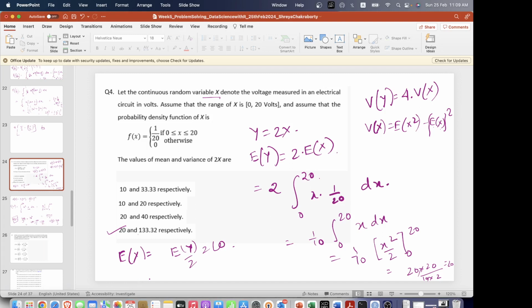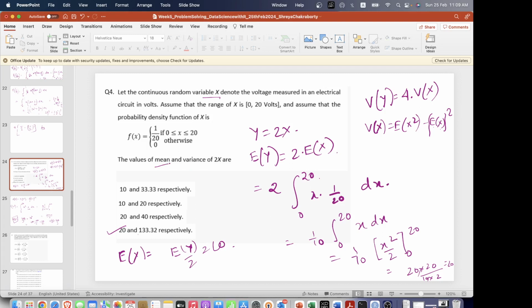Ma'am, can we first calculate the mean and variance, and after finding the solution, multiply it by 2? Is it the correct way? Actually, we are doing it like this only, but it's not always multiplied by 2.